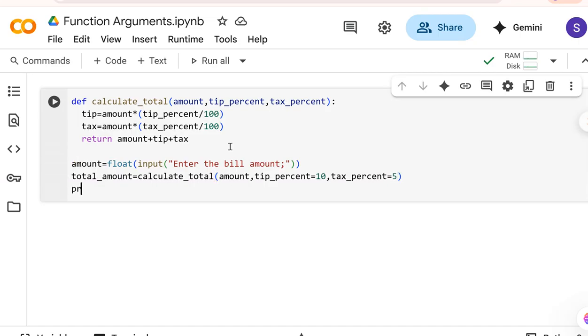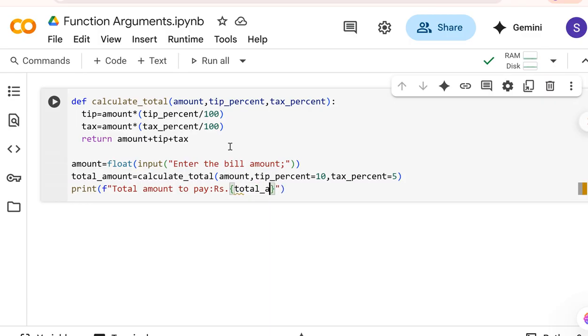After calculating, it should print total amount to pay in rupees.